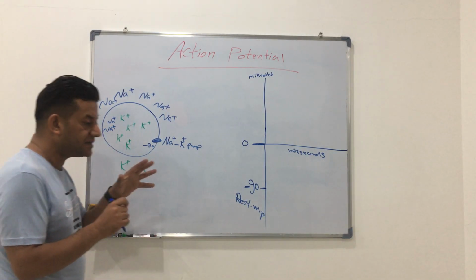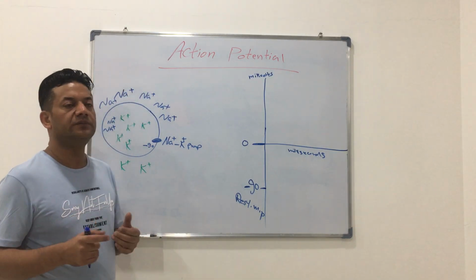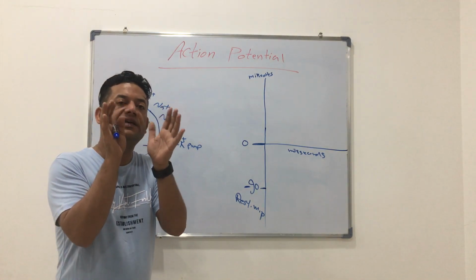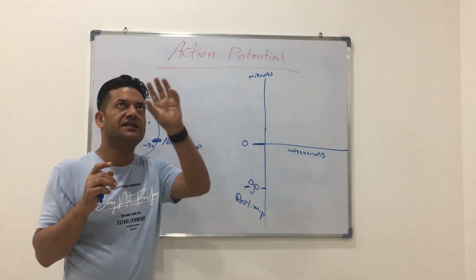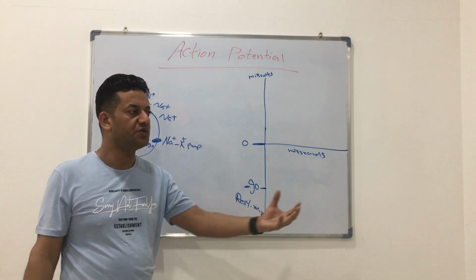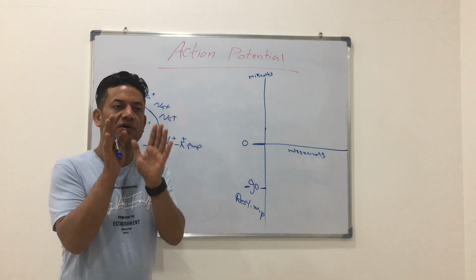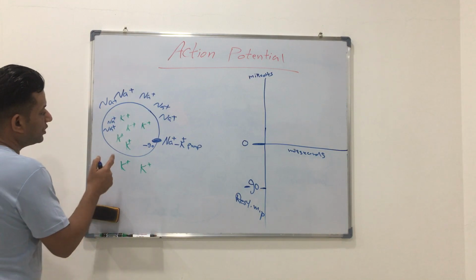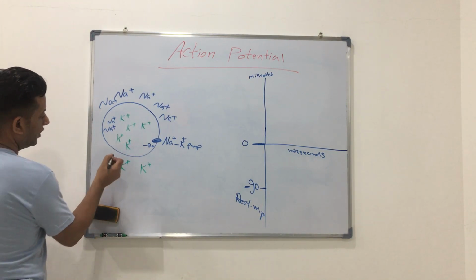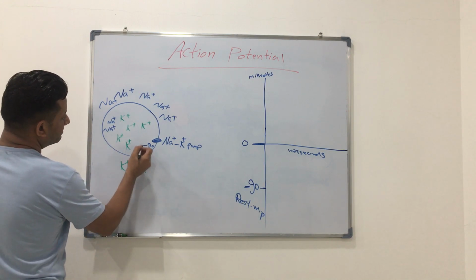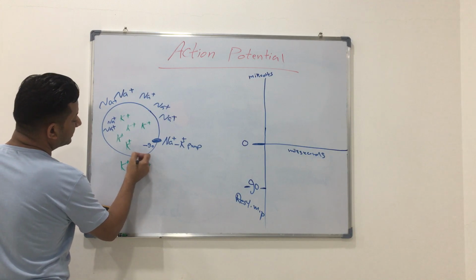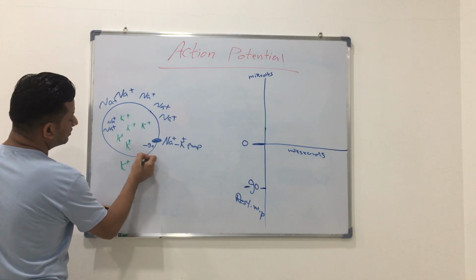When a stimulus is applied, for example in the case of the optic nerve and optic receptors in the eye, the stimulus is the light. When light is applied on the receptors, the stimulus will cause gradual opening of specific channels, the voltage-gated sodium channels.